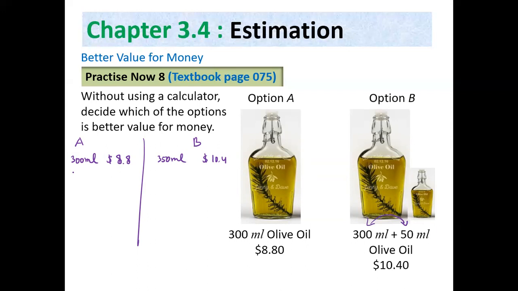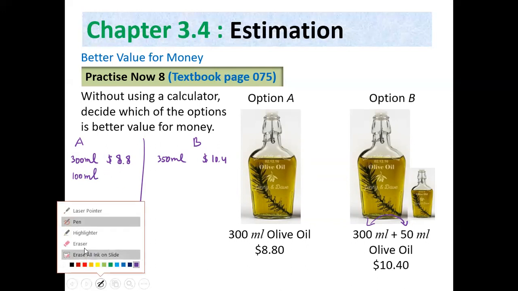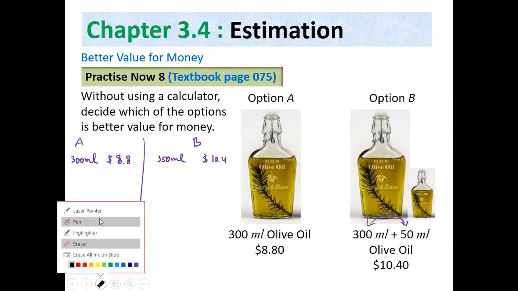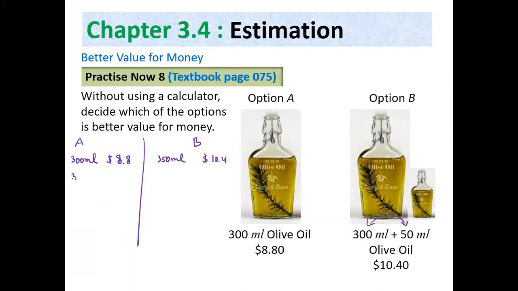I want to make it into 100 milliliter, or you can just do rounding. So 8.8 is near to $9, right? I just want to estimate the value, so about $9 is the estimation value.